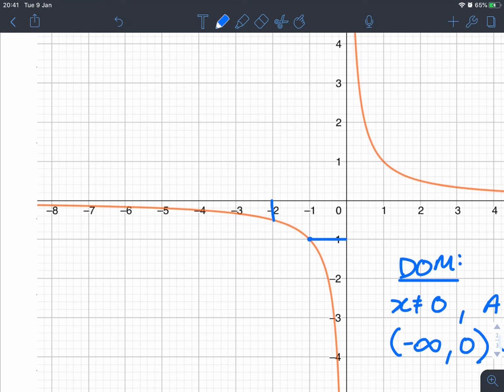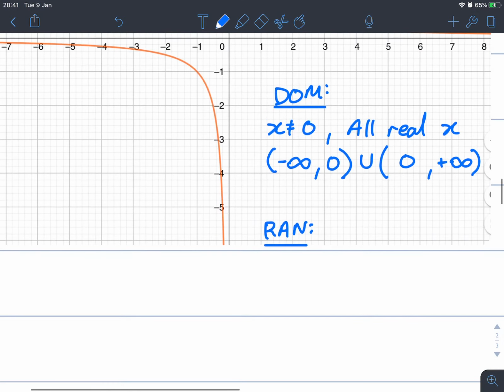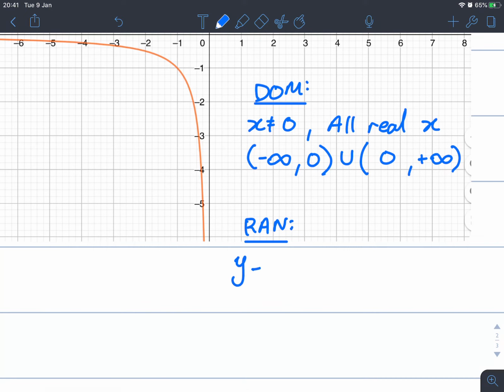At this point here, y is equal to -half. This point here, y is equal to -1/3. Y is equal to -1/4. So similarly, this function, if it continues onwards this way, it will always be a fraction. The y value will never be 0. So in this case, our range y cannot equal 0.